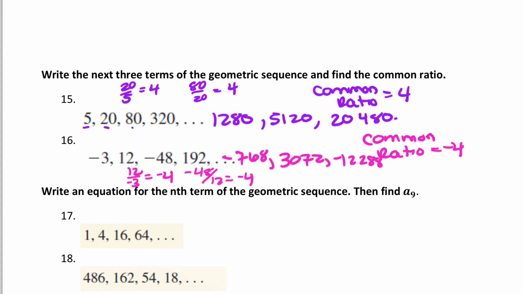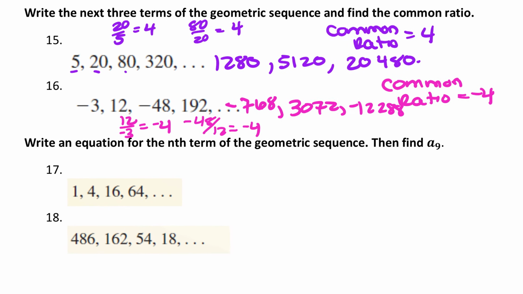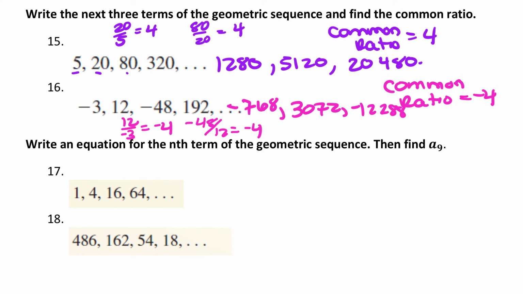Number 17 says to write an equation for the nth term of the geometric sequence and then find a sub 9. So first we have to find our common ratio. We have 4 divided by 1 is 4. 16 divided by 4 is 4. So our common ratio is 4. Our starting number is 1.